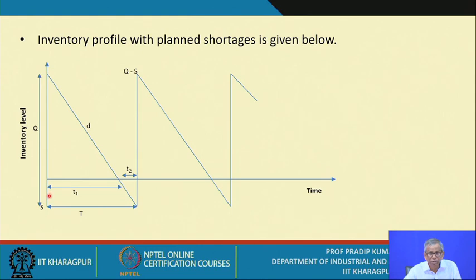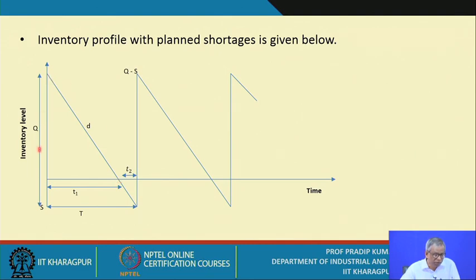The shortage means negative inventory, and as soon as you get these Q units, you subtract S units as shortage. So you have Q minus S, the actual inventory level on hand. Now you start consuming this item with a demand rate or consumption rate D, and you reach here.